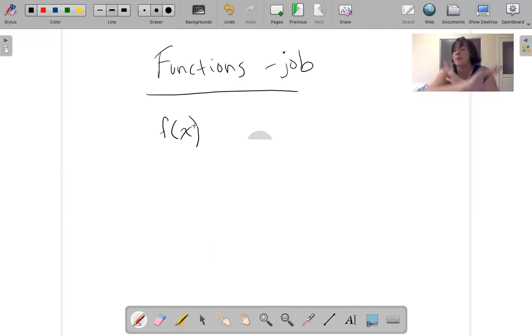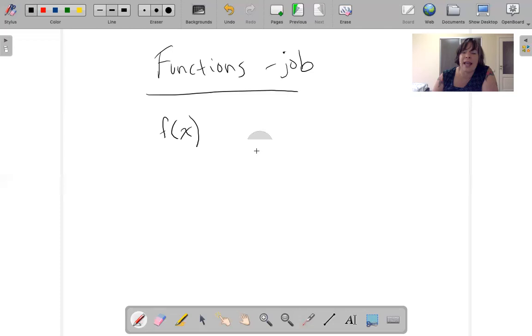Now that we're completely finished with the overwhelming stuff, I'm going to show you how easy it can be. All it means is what is the function? What is the job of x?